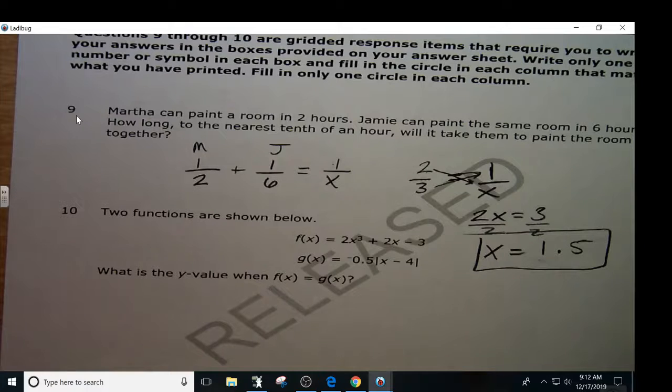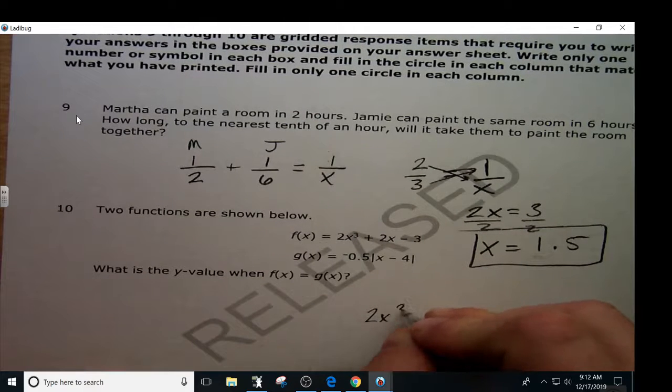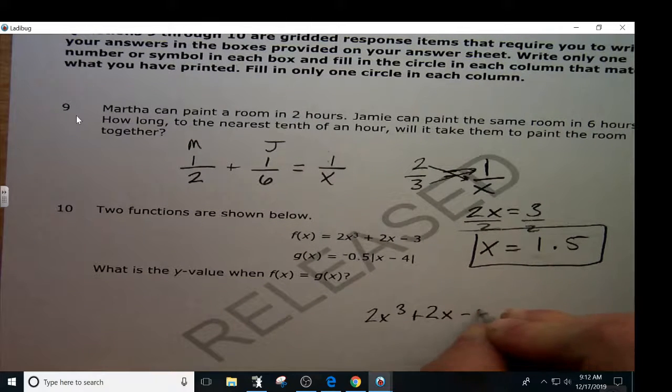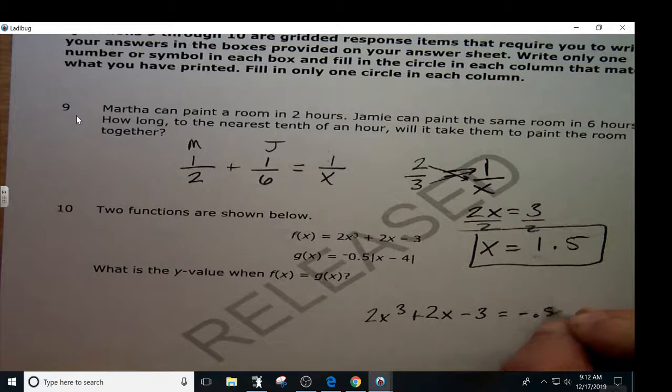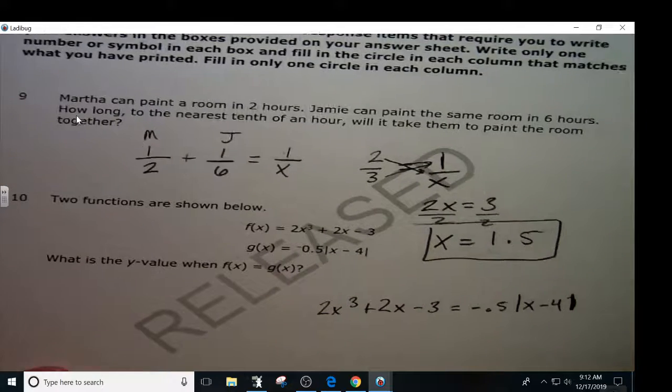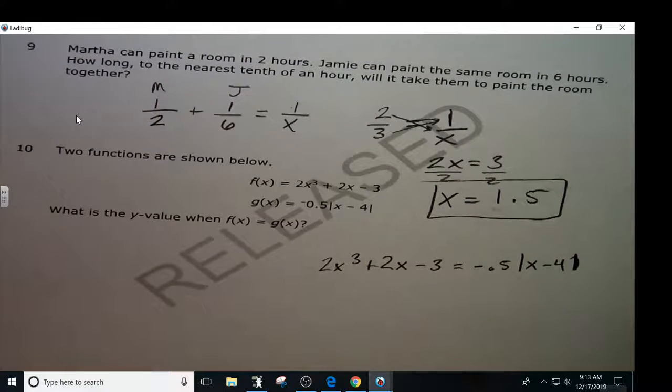Well, okay, let's see. All right, guys, we set them equal to each other. Does anybody know how to solve that?